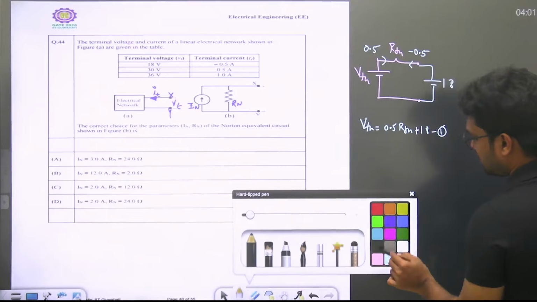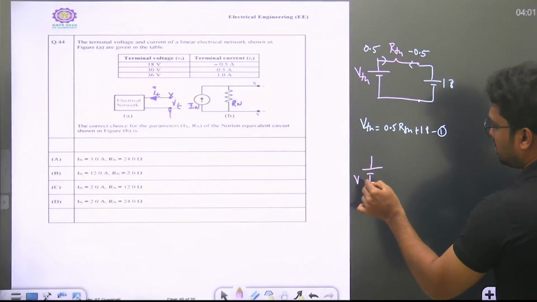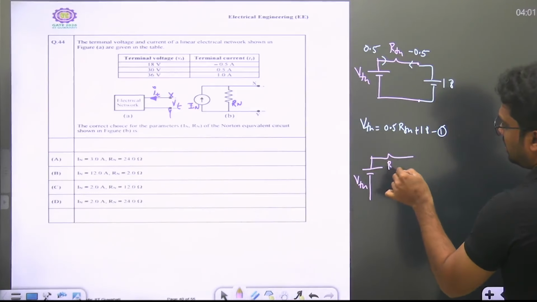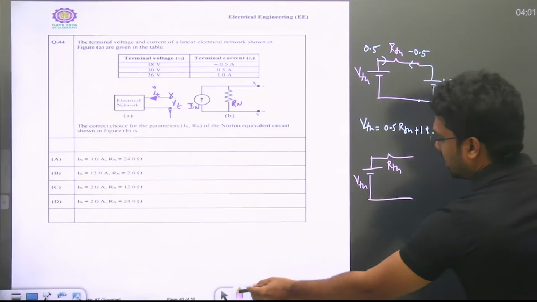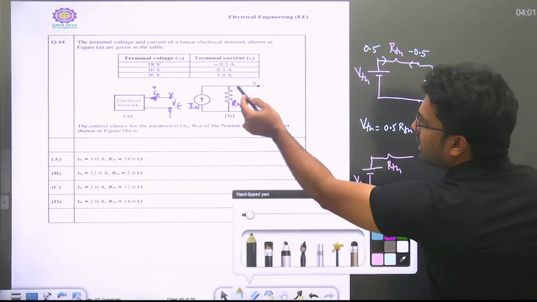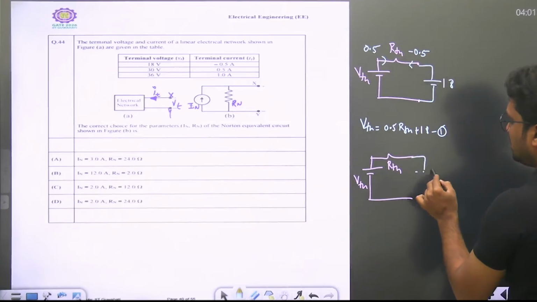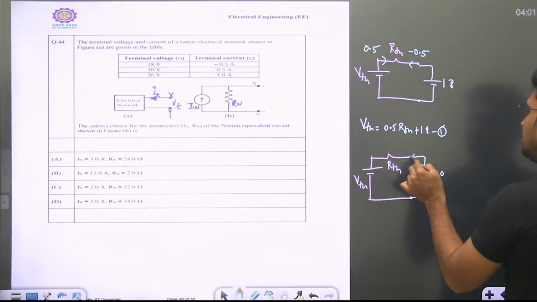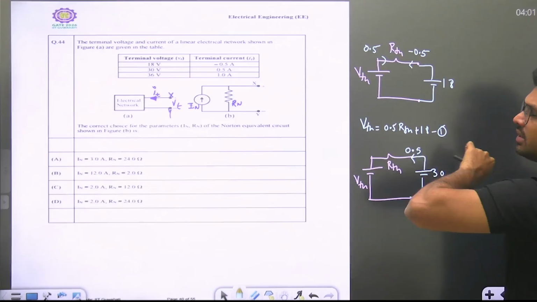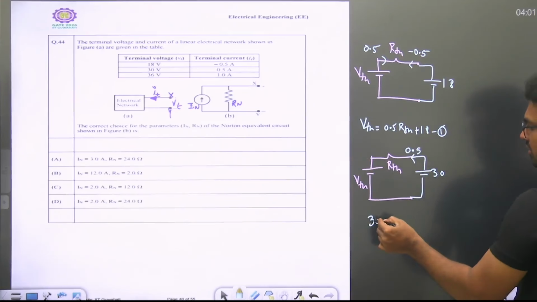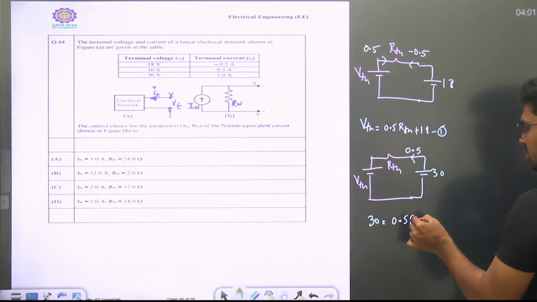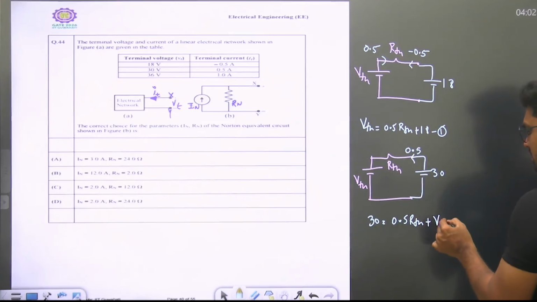What is the second case? Let us take the VTH, RTH, and as per the second case, he has connected 30 volts here, and he got 0.5 in the other direction. So 30 will be equal to 0.5 RTH plus VTH equation.